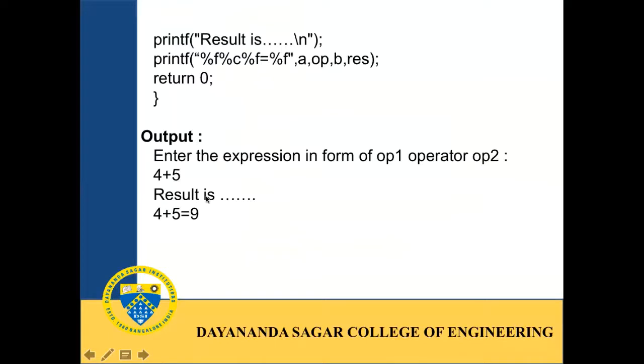So result is, because we have written that message here. And then we have the format like this: A operator B is equal to result. So if A was 4, B was 5, and operator was plus, our result displayed will be 4 plus 5 is equal to 9. That's how the output will be displayed to the user.